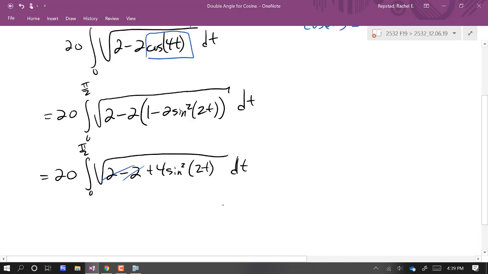That's a product of 2 squares. So I can take out a factor of 2, take out a factor of sine, and this actually just simplifies to no radical, just 2 sine of 2t.